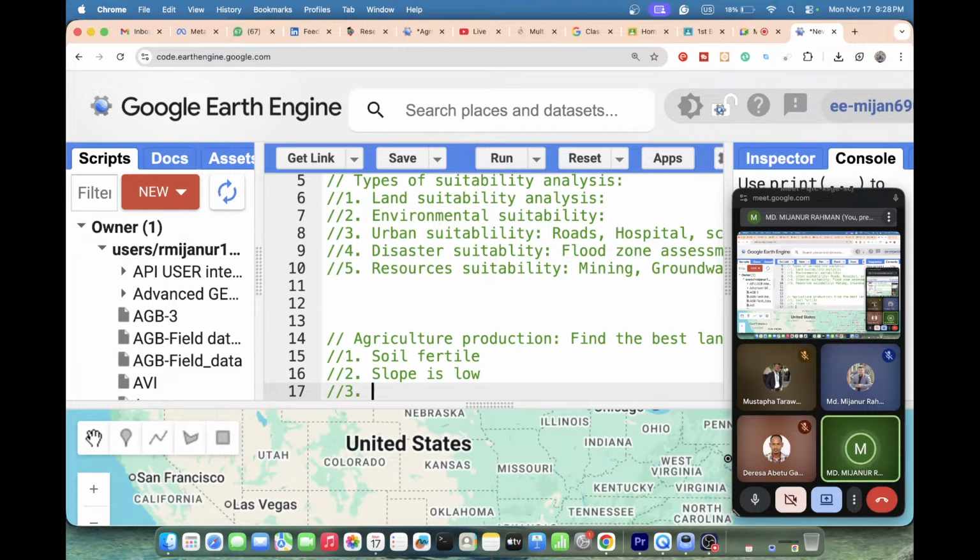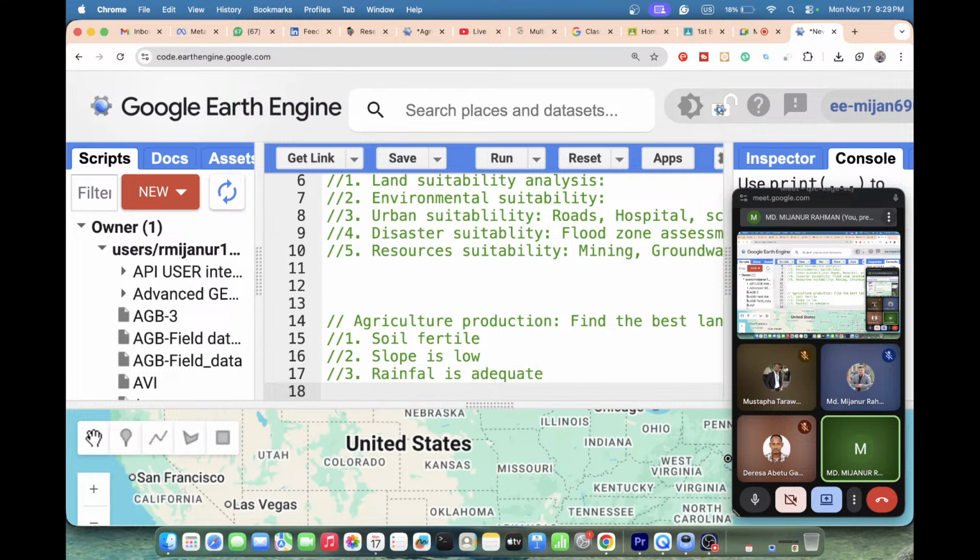Suppose I choose a place where there is no precipitation, no rainfall, and the distance to water is very far. It's not an ideal location for agricultural production. So I need to find a place where the precipitation, the rainfall, is very good. Rainfall is adequate.